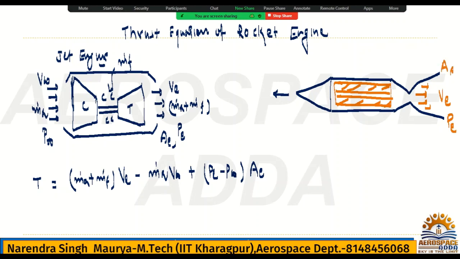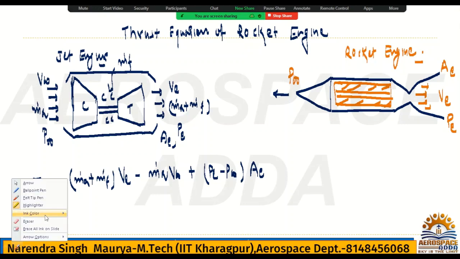Exit area is A, and obviously atmospheric pressure is P infinity. But it is non-air breathing, so V infinity will be 0. So it is flying with the exit velocity, not V infinity.